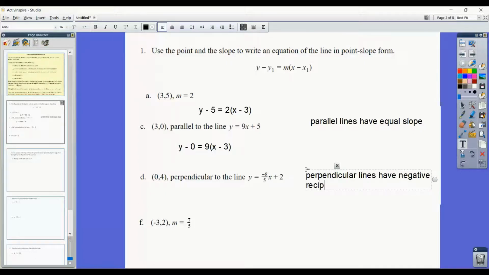The more official mathematical definition is that if they're negative reciprocal slopes, that means they are additive and multiplicative inverses, multiplicative meaning the reciprocal, the flipped version of the fraction, and additive meaning an opposite sign. So we have to basically flip and switch. Flip the fraction and change the sign.